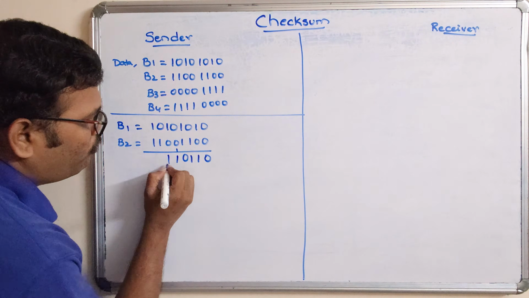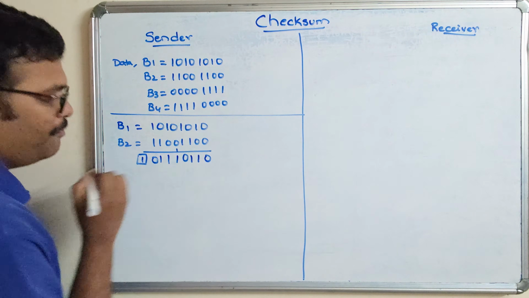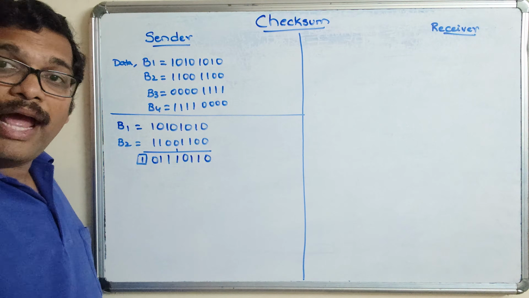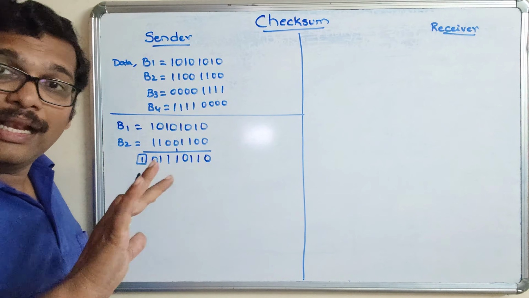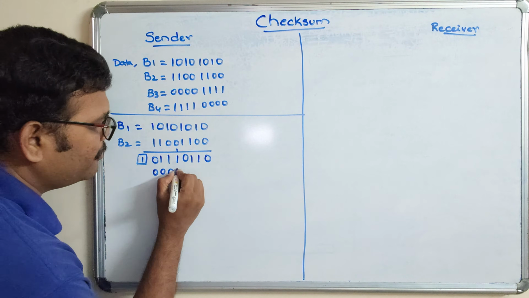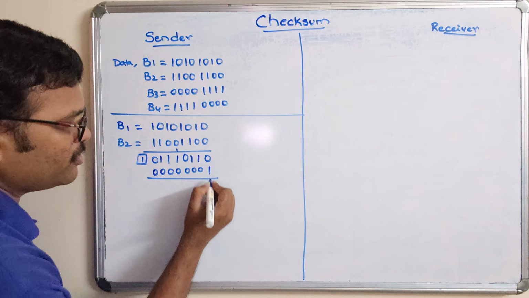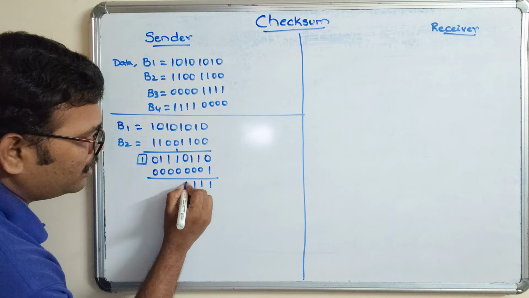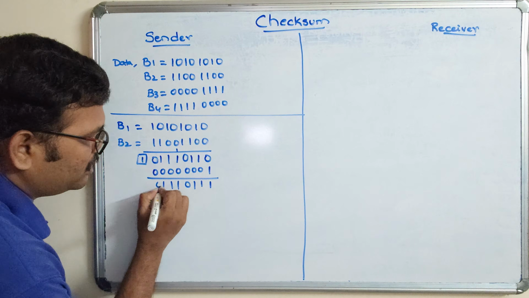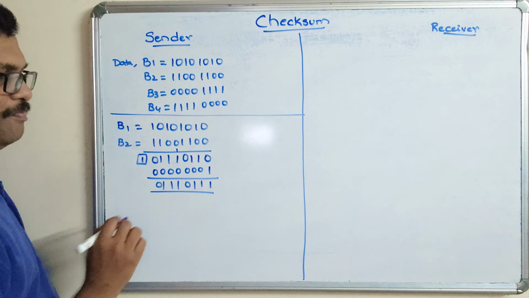So it is 1 1 1, and here it is 0 and a carry. We have to add the carry onto the LSB. So now I am adding the carry here. So 0 1 1 1 0 1 1 1. This is the result of B1 plus B2.